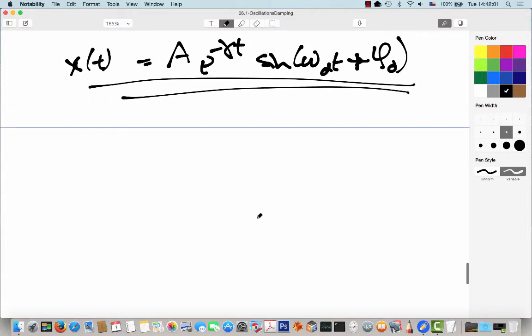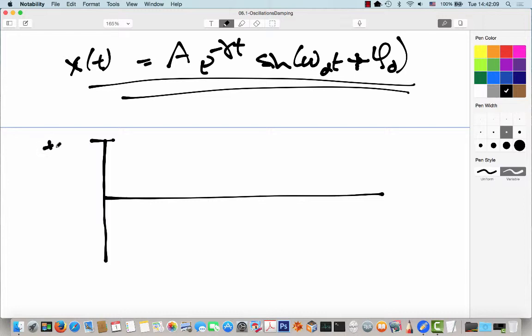All right, so now if we go and look at what this looks like, so here's plus a, there's minus a. I look at the a e to the minus gamma t bit here, and I see a decaying exponential. And since we're going to be oscillating, this is the amplitude at any given time for this oscillation happening.